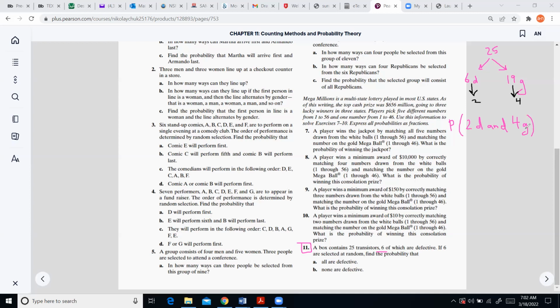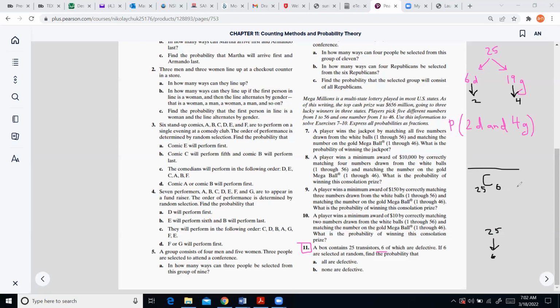And we also notice that the total number of selections possible to get 6 out of 25 was some particular number. So that's something we did prior. That was the number of combinations from 25 to choose 6.